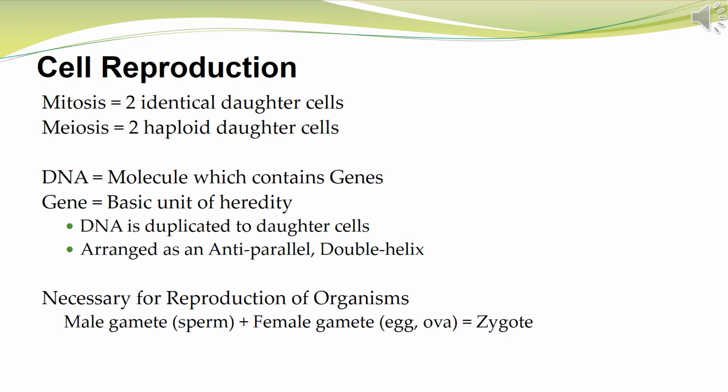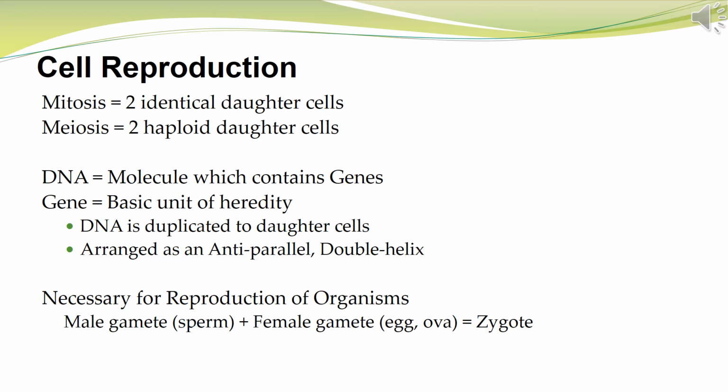And then there's meiosis, which is what our germ cells carry out to create gametes, which are eggs or sperm. And this creates two haploid daughter cells. Haploid means that these cells contain half of the amount of genetic information as their predecessor cells.